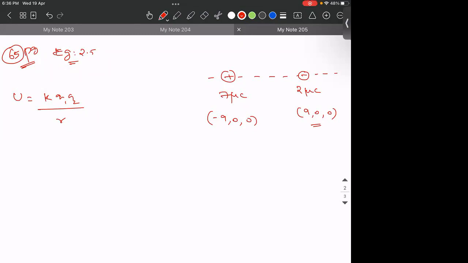What is the value of K? Substitute the values and solve it now. 9 into 10 power 9 into 7 into 2, 10 power minus 12, divided by 18.